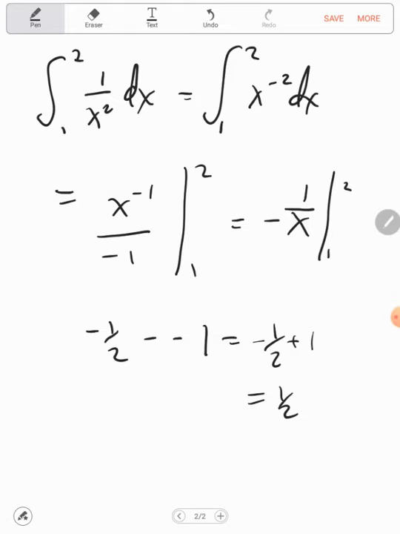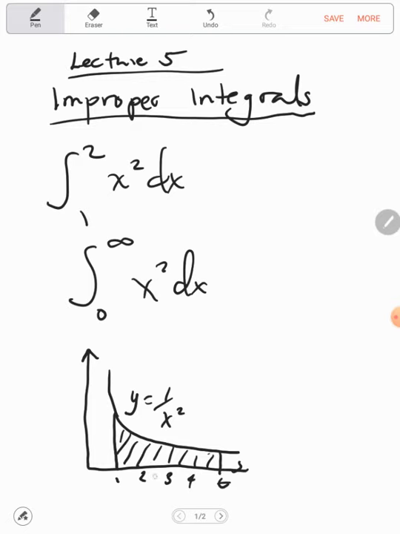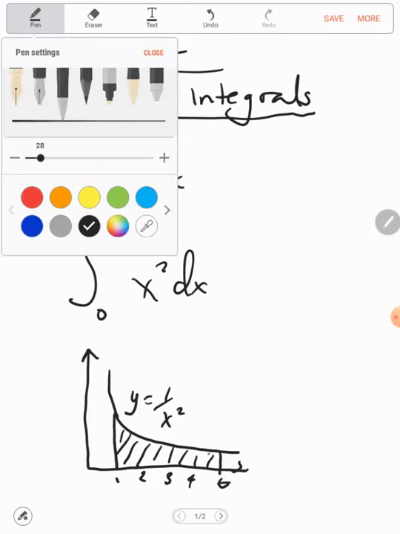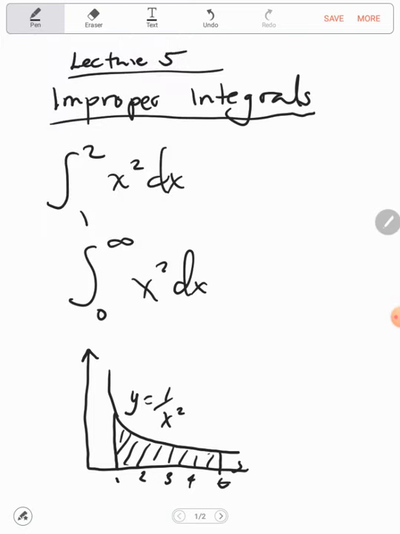So for this integral, the area just from 1 to 2 is half. Okay, we can also find the area from 1 to 3, 1 to 4, but now we want to see what this area will be from 1 to any number t.